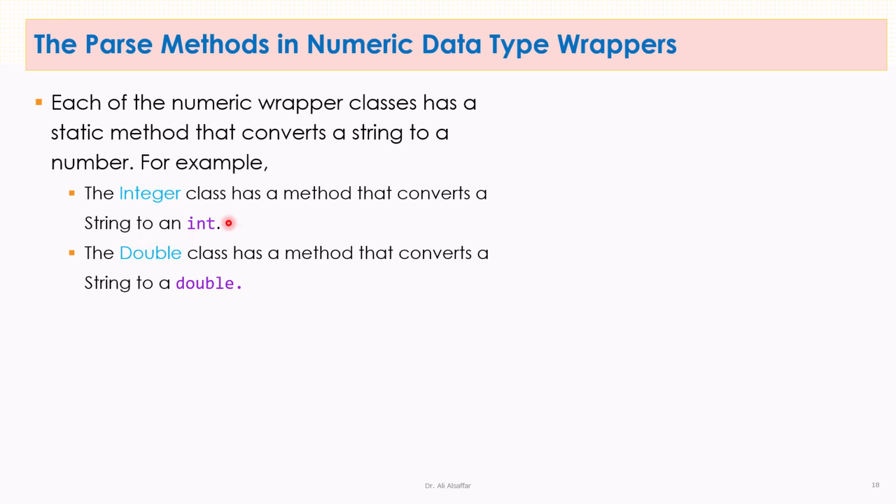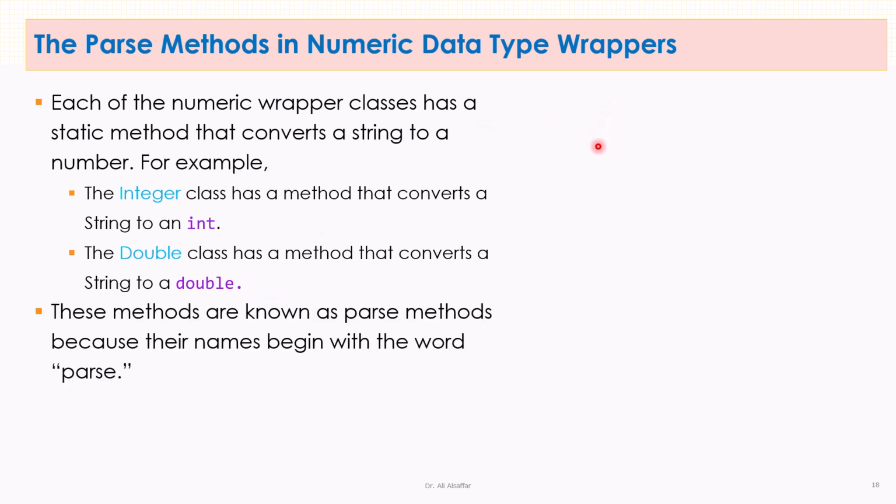For example, the Integer class has a method that converts a string to an int value. The Double class has a method that converts a string to a double, and so on for the rest of the numeric data types.